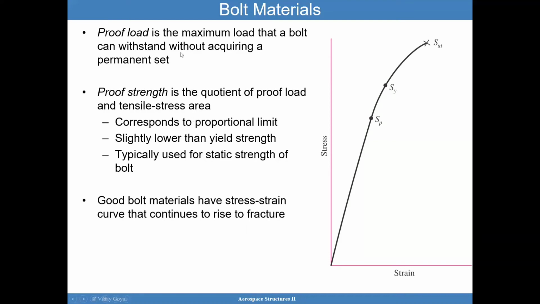Divide this load by the tensile area, and that gives you the proof strength. Typically, that corresponds to the proportional limit, and it's typically lower than the yield strength. Good bolt materials will have a stress-strain curve that continues to rise to fracture. That's great because if you have an issue, you have some amount of ductility that protects you against brittle failure modes.